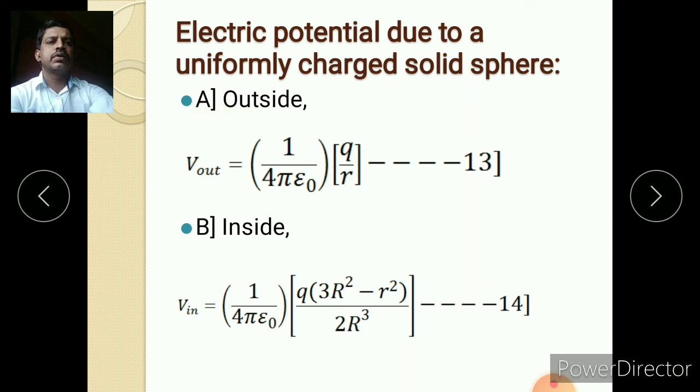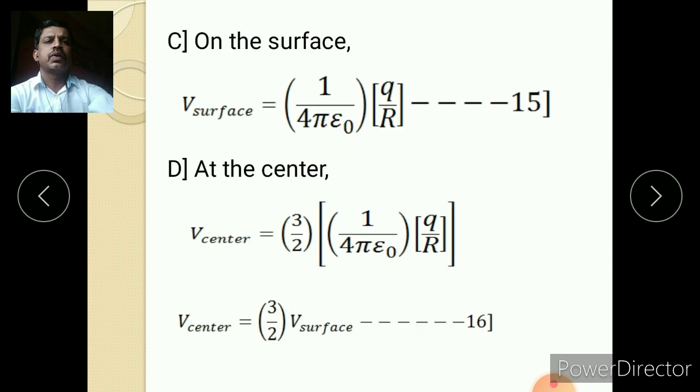Outside the sphere, V out is equal to 1 upon 4 pi epsilon 0 q by r. Inside the sphere, V in is equal to 1 upon 4 pi epsilon 0 q into (3R square minus r square) upon 2R cube. On the surface, V surface is equal to 1 upon 4 pi epsilon 0 q by R. At the center, V center is equal to 3 by 2 into 1 upon 4 pi epsilon 0 q by R. Therefore, V center is equal to 3 by 2 V surface.